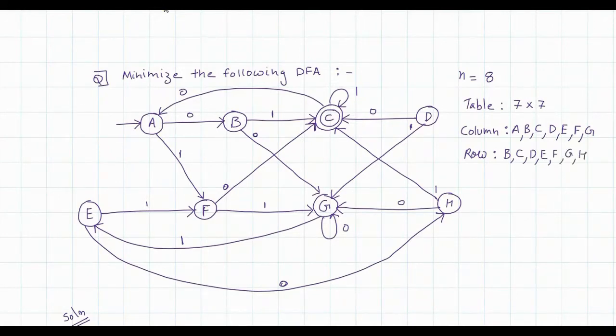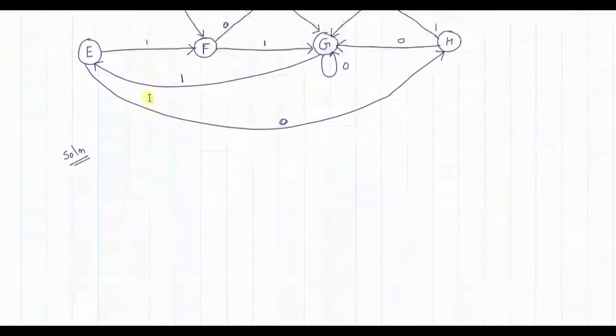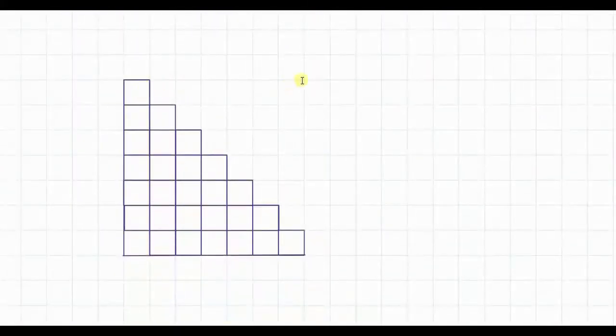And which cells will be eliminated? The duplicate cells. For example, A, B, B, C, C, D, D, E. These cells will be eliminated. So the table that we are going to draw will look like this.